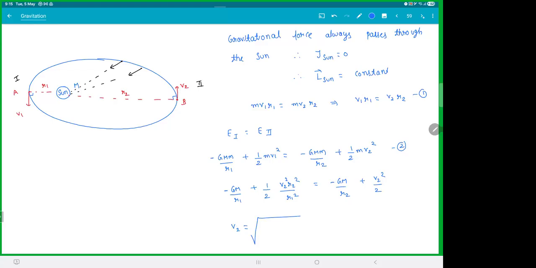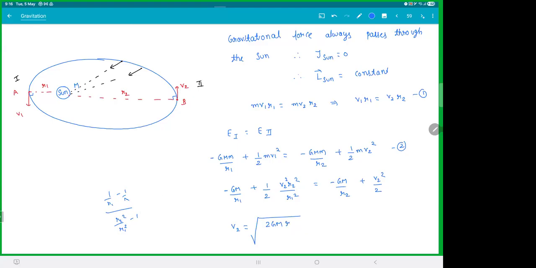You end up with 2GM, shifted that side, so it will be 1 by r1 minus 1 by r2. If it comes this side, the half will go off, and you'll end up with r2 square by r1 square minus 1. That would be r2 minus r1.